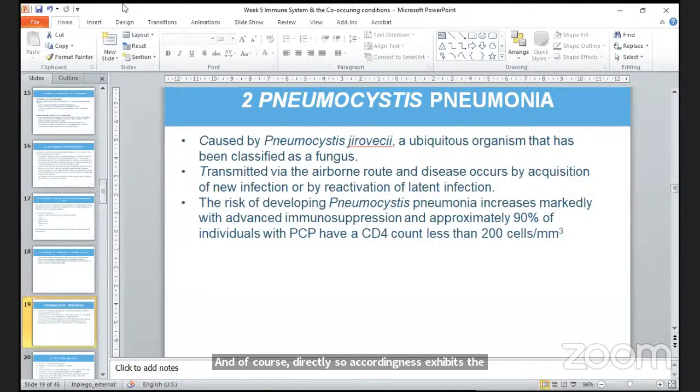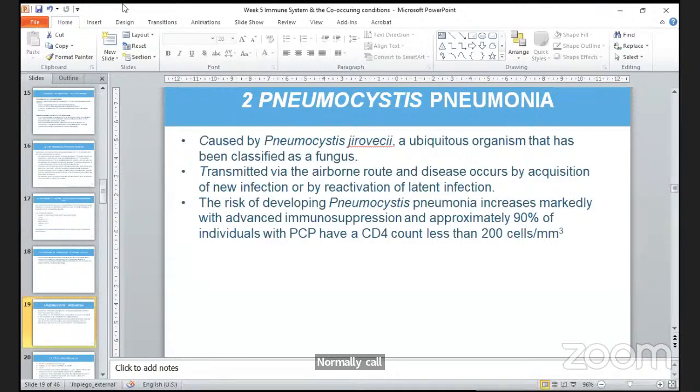The other one is caused by a bacteria normally called Streptococcus pneumoniae. But this one here is a fungal pneumonia. There lies the difference.